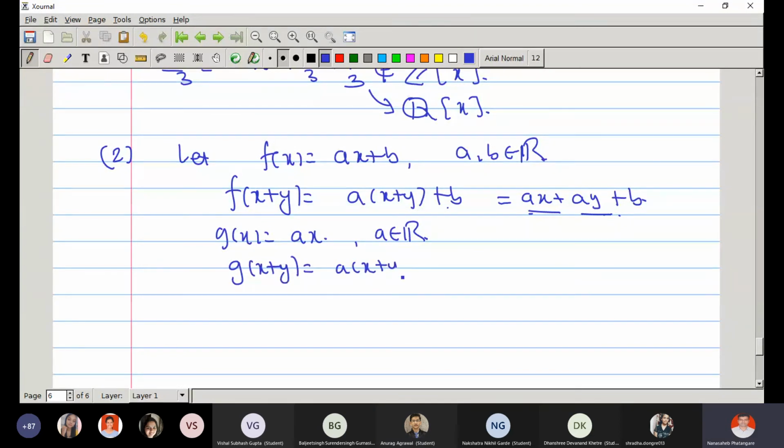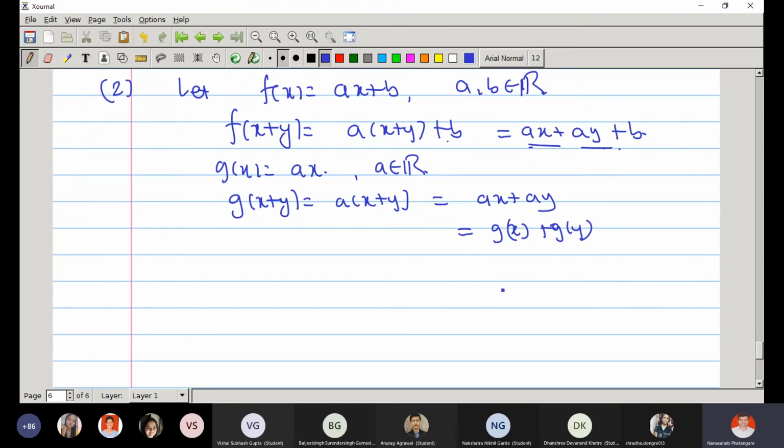If I apply this polynomial on the sum of two numbers, x plus y, it is ax plus ay, and therefore it is g of x plus g of y. Therefore, if you apply this polynomial on the sum of two elements x and y, then it is the sum of their action on each element. Right. So this property is called linearity.